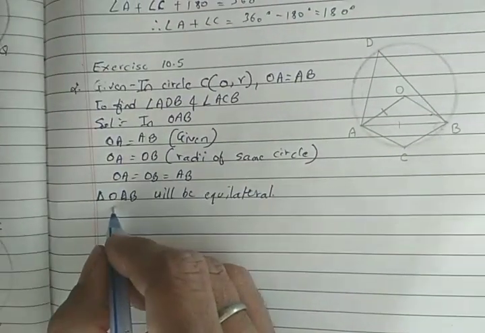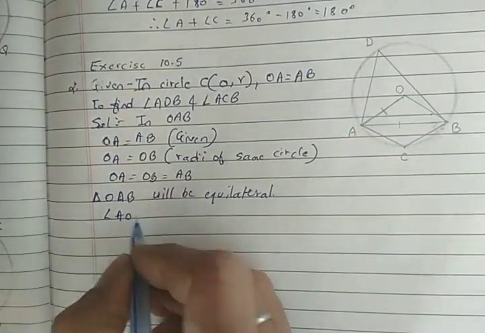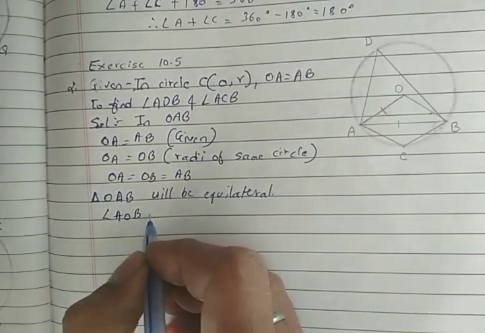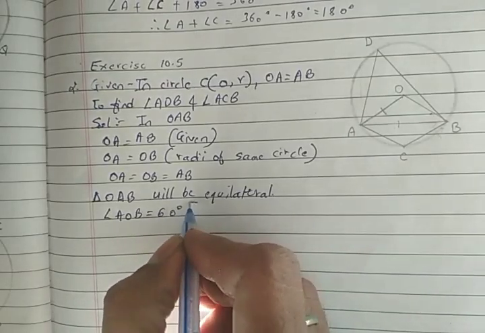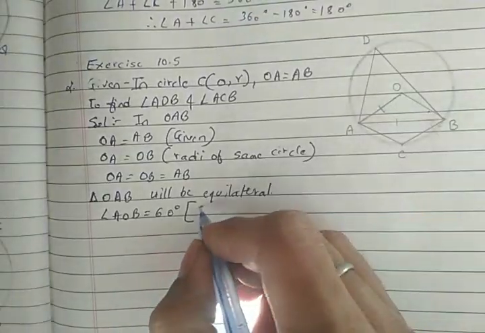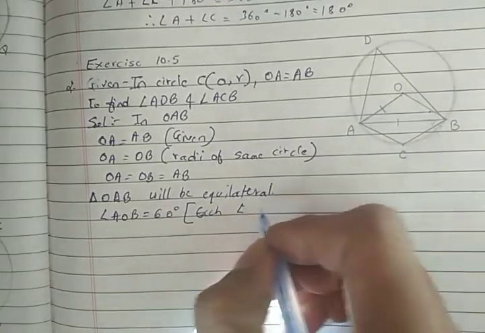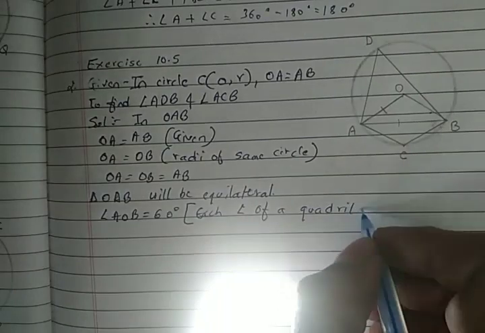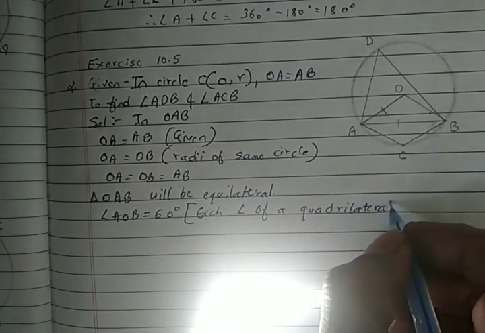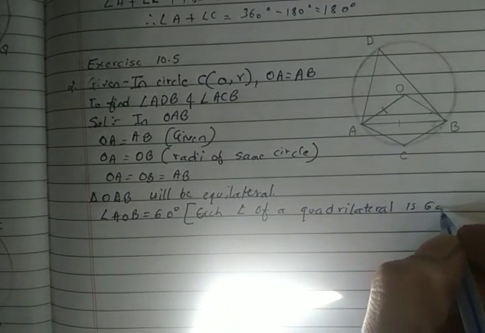Now therefore angle AOB will be 60 degrees. Why can we say this? Because each angle of an equilateral triangle is 60 degrees.